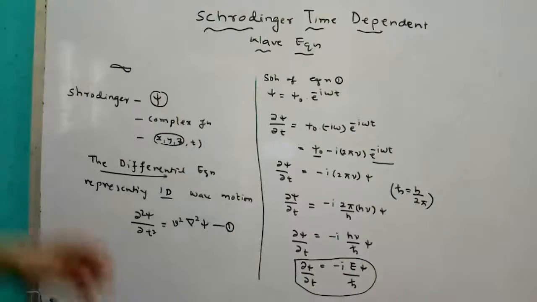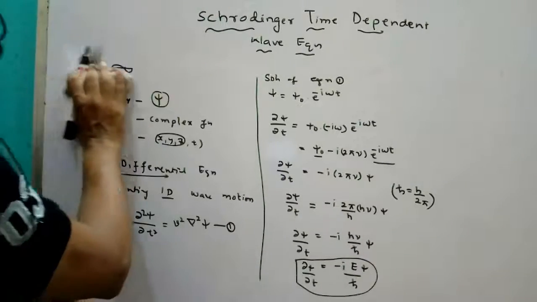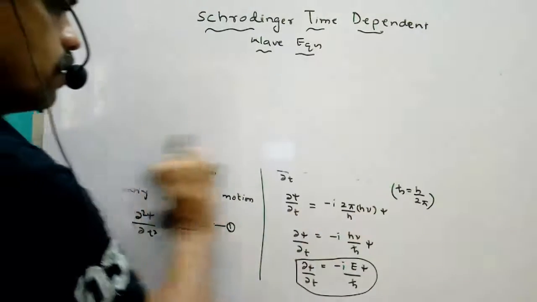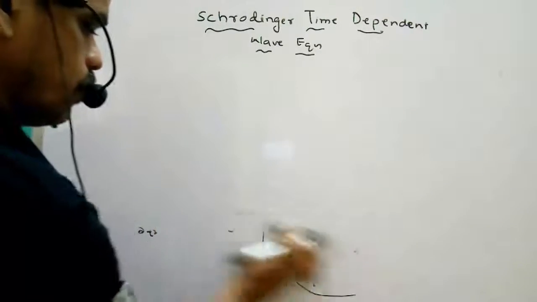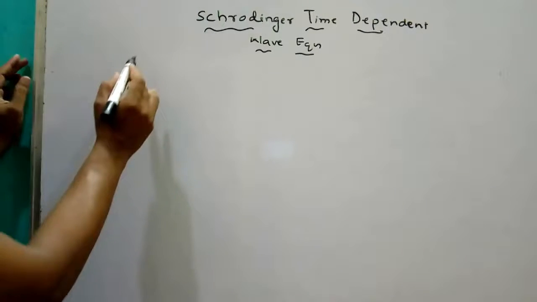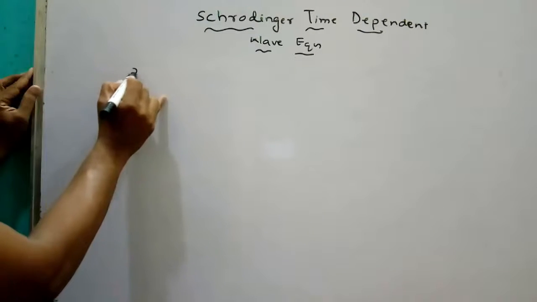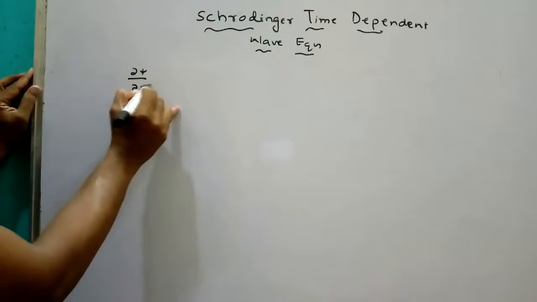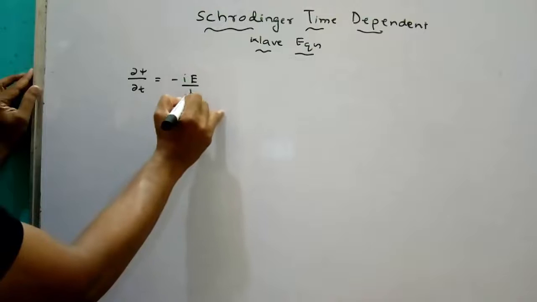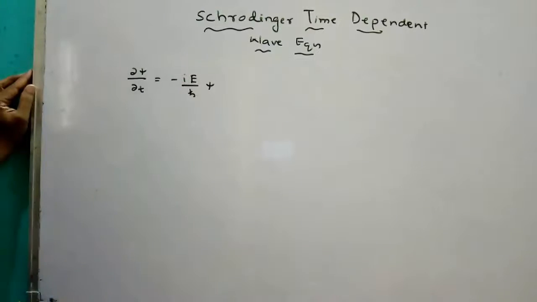So if we change this one, we got dou psi by dou t equal to minus i E by h cut psi.